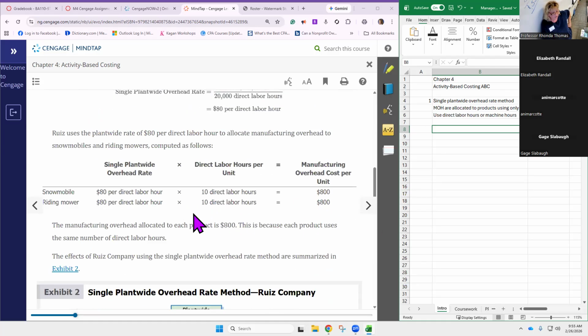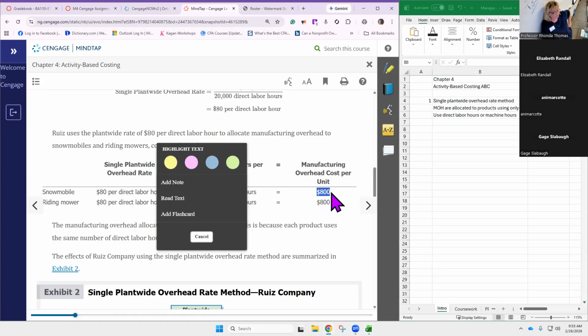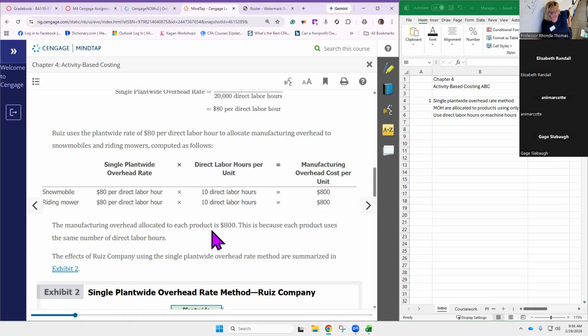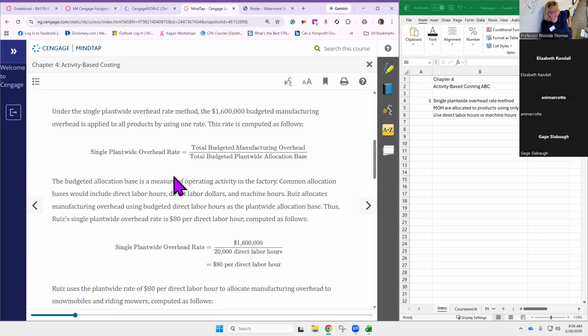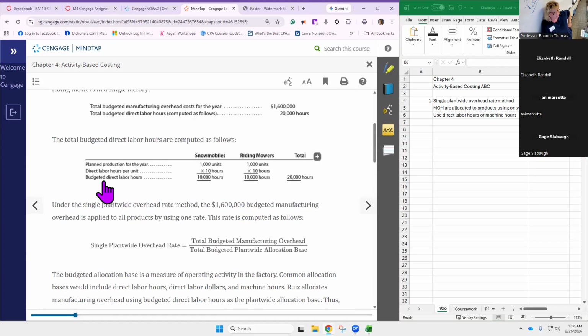And when they're finished, they get $80 of overhead applied for every direct labor hour worked. So $80 times 10 direct labor hours, the overhead cost per unit is $800. Now that's an applied amount. That's applied because we started with budgeted.